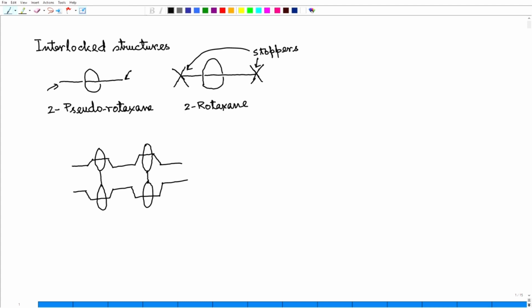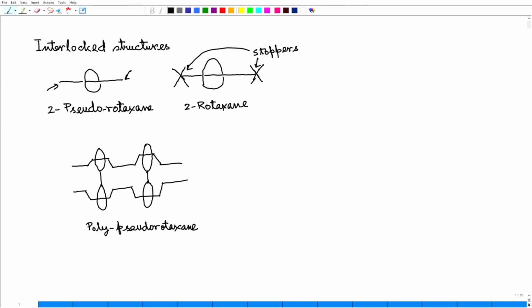So, this we will call poly pseudo rotaxane.